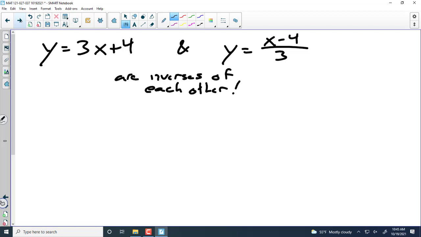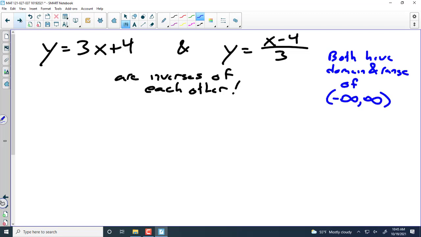Well, the domain and range is not very exciting for this one because these are both lines, and they're not horizontal lines or vertical lines. So both have domain and range of negative infinity to infinity. So what you're really doing is swapping negative infinity to infinity with negative infinity to infinity.